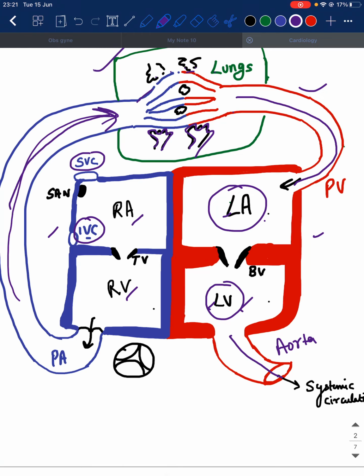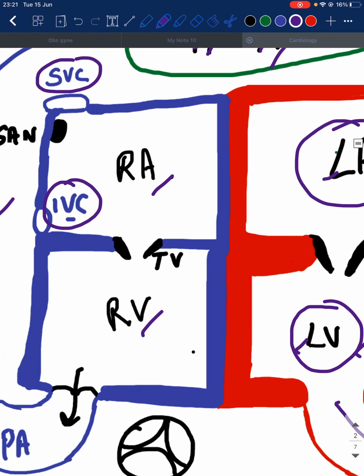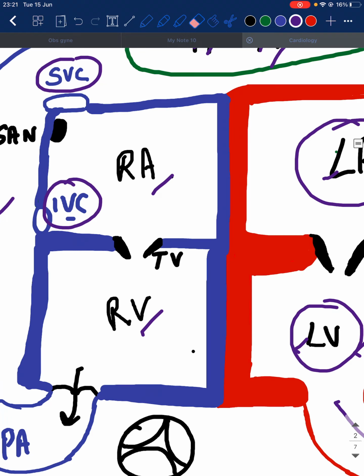Any doubts? Okay. Now there should be a check mechanism, correct? When the blood is going from the right atrium to the right ventricle, as it is a high pressure system, ventricles are thick and atria are thin as compared to ventricles.